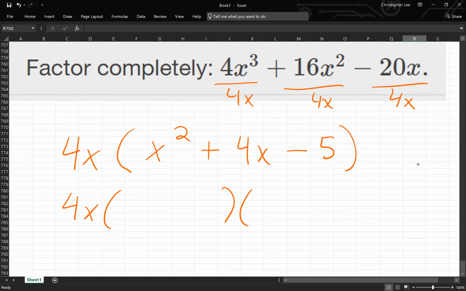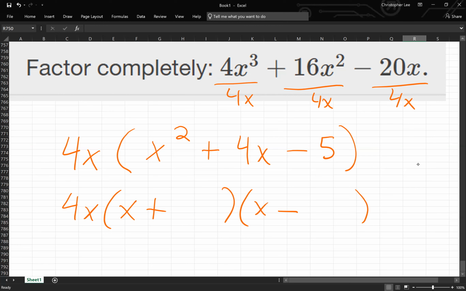You already know. So what's my signs gonna be? Positive and negative. Good. Which one's gonna be the bigger number, the positive or the negative?